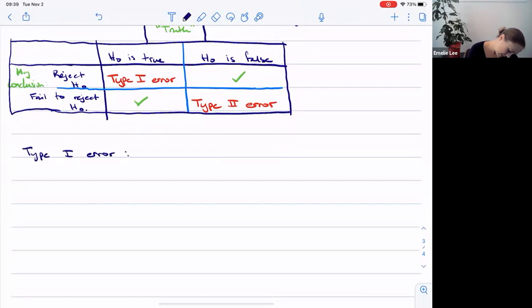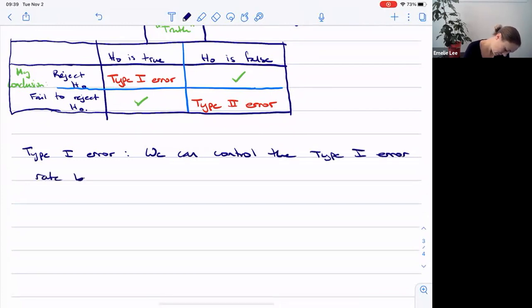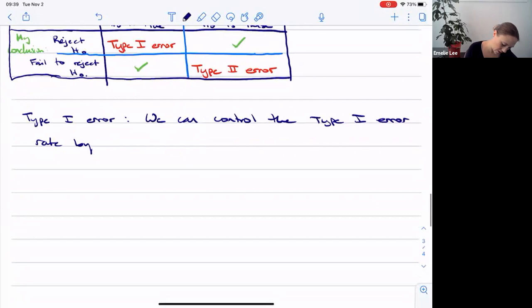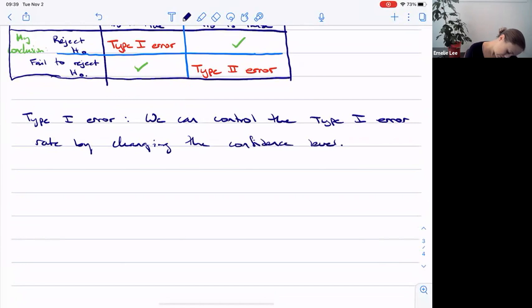So type 1 error, we can control the type 1 error rate by changing our confidence interval, or the confidence level, I should say, by changing the confidence level, right?